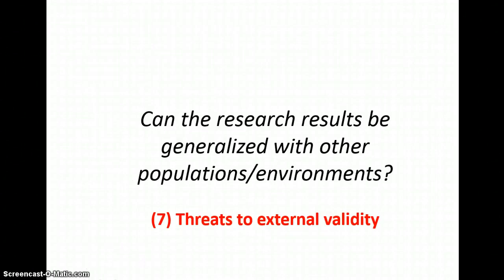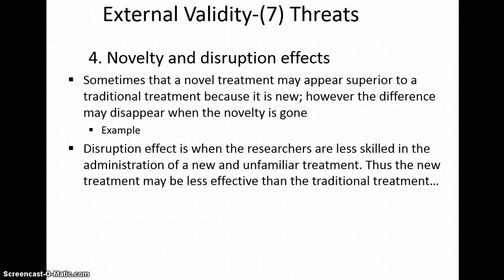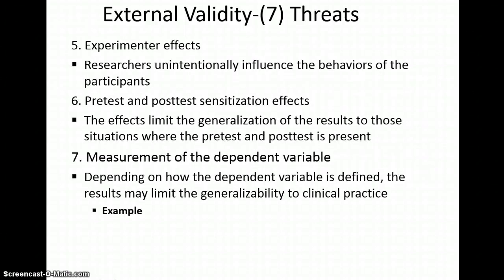Threats to external validity include accessing populations and target populations, describing your independent variable clearly, and then reducing multiple treatment interference effects, taking into account a new treatment or disruption effects of perhaps having a recording camera in the room.